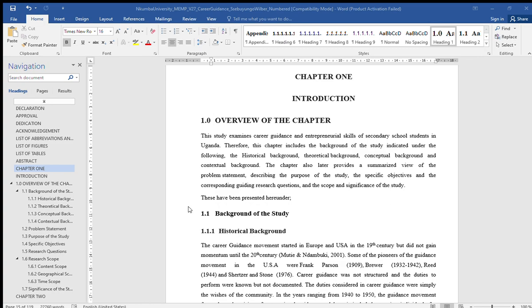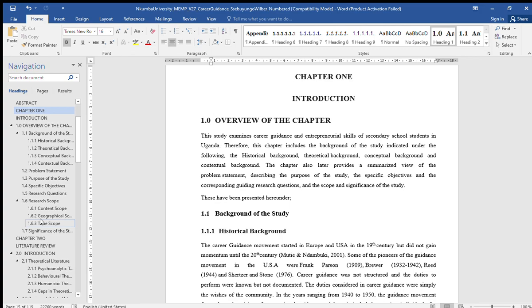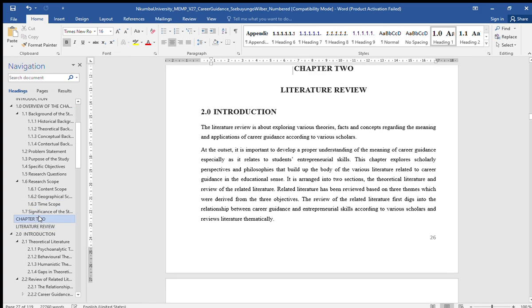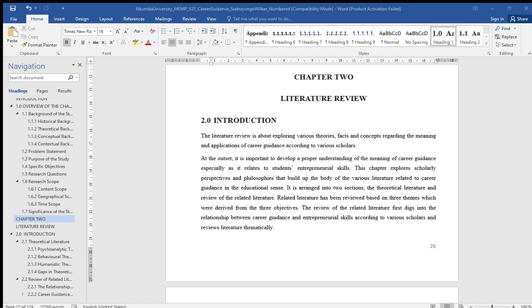Chapter 1 is called Introduction. Then chapter 2 is called Literature Review. That is what you see as chapter 2.